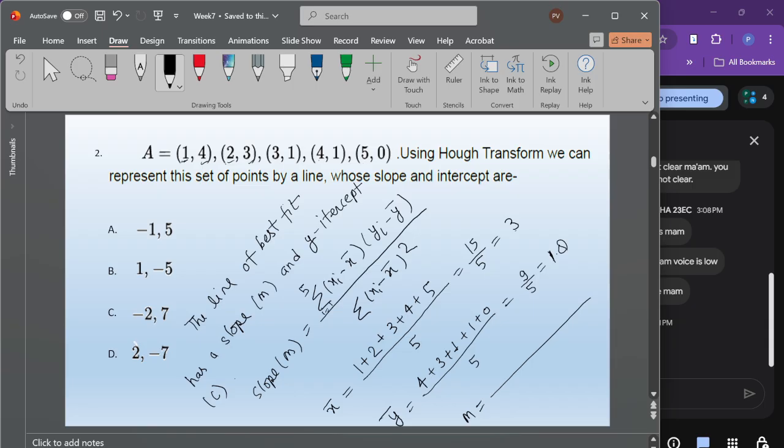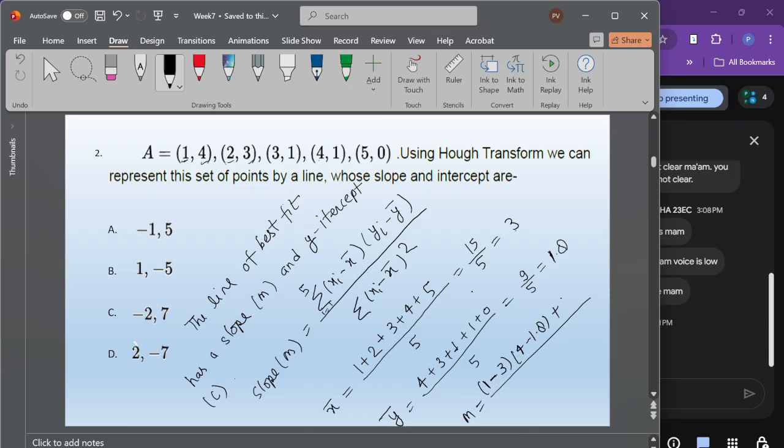So first value is 1, right? So 1 minus 3, that means x1 minus x bar 3, and then multiplied by y1 minus 1.8, so 4 minus 1.8. These are the multiplications. Now just take the other value x2.